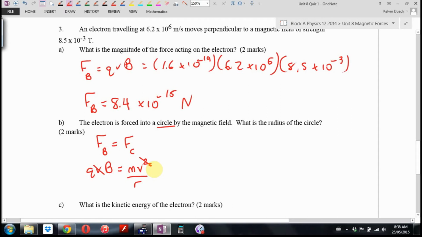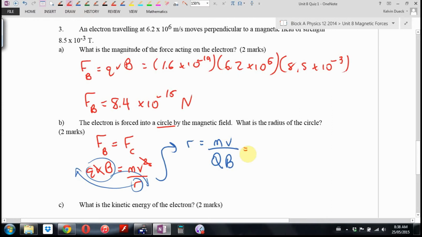They want me to get the R by itself. Well, this R is going to move to the top, and these are going to move to the bottom. I'm going to get R equals mv over qB. The most common mistake I see on this question is kids tell me that R equals qB over mv, which they cross-multiply wrong. They got 1 over R.